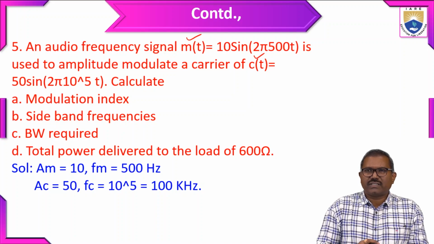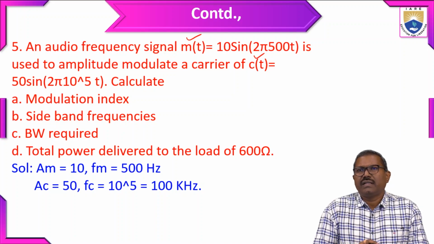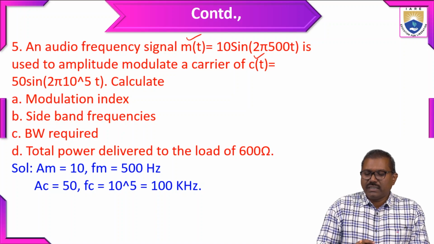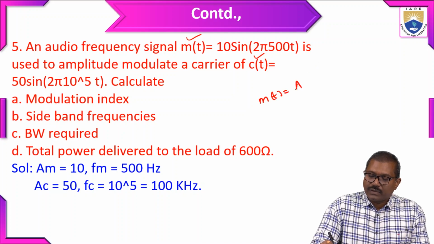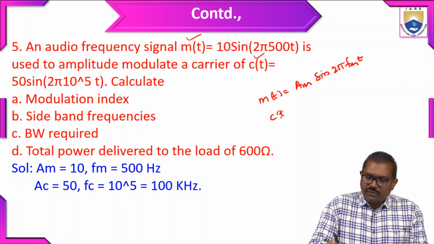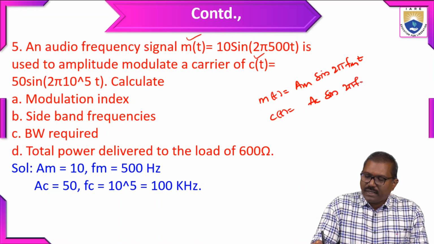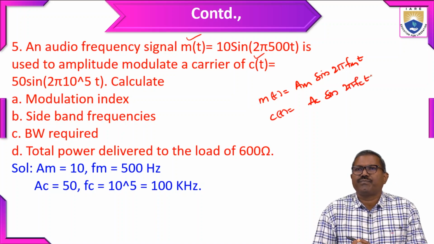Okay, so first comparing the m of t. M of t is Am sine 2 pi fm t. Why? Because this is the standard one. Am sine 2 pi fm t, where c of t is equal to Ac sine 2 pi fc t.